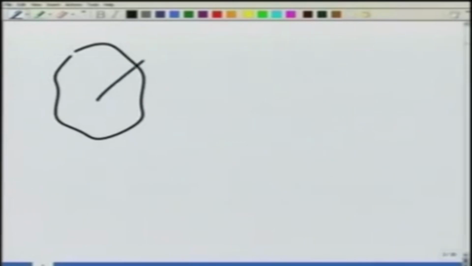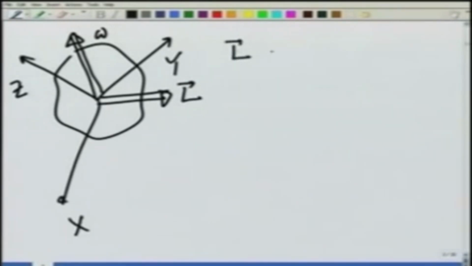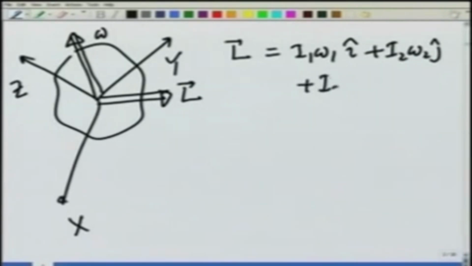So what we see is, in the case of x, y, z principal axis, omega and L are not parallel. L could be I1 omega 1 i plus I2 omega 2 j plus I3 omega 3 k.